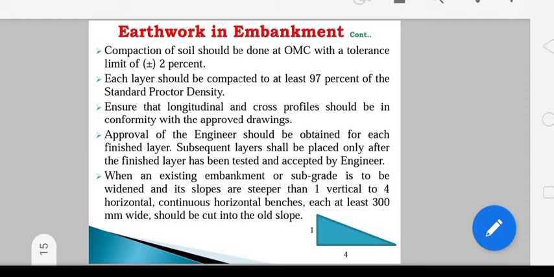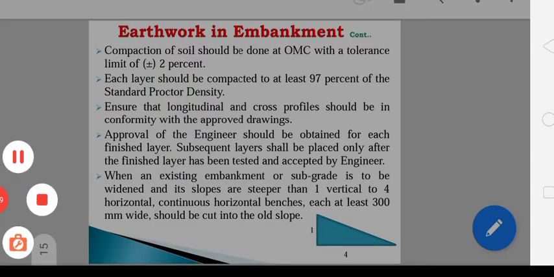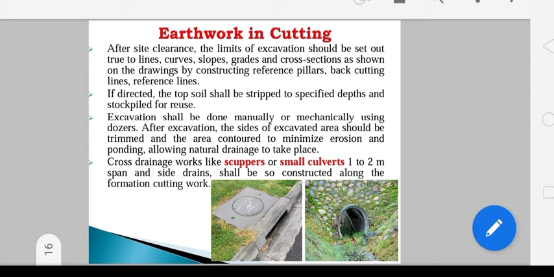Right, so this you can clearly understand, especially in the construction of our dams, because only in very selected stretches will you come across highway embankments, because most of the time we try to avoid higher embankment fills for safety reasons and to avoid heavy construction costs. Right, next is earthwork and cutting.